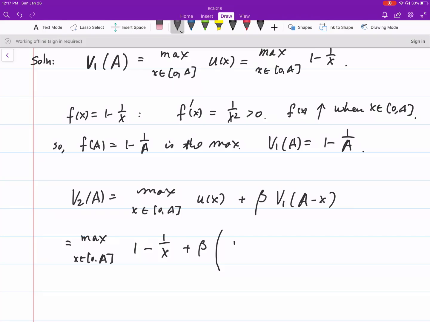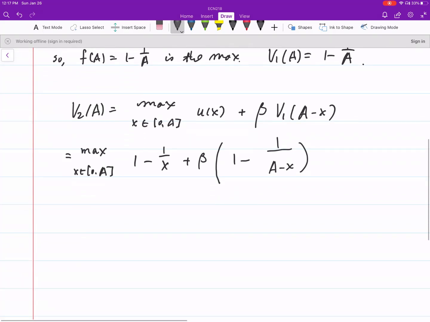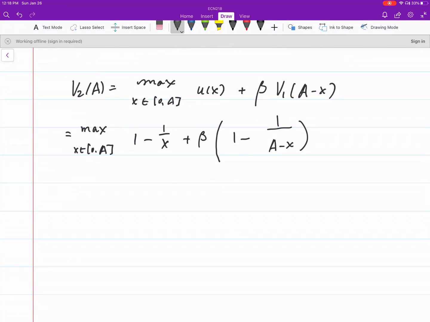Using the formula for V1, we have 1 minus 1 over A minus x. If we want to, we can call this a new function: f of x equals 1 minus 1 over x plus beta times 1 minus 1 over A minus x.